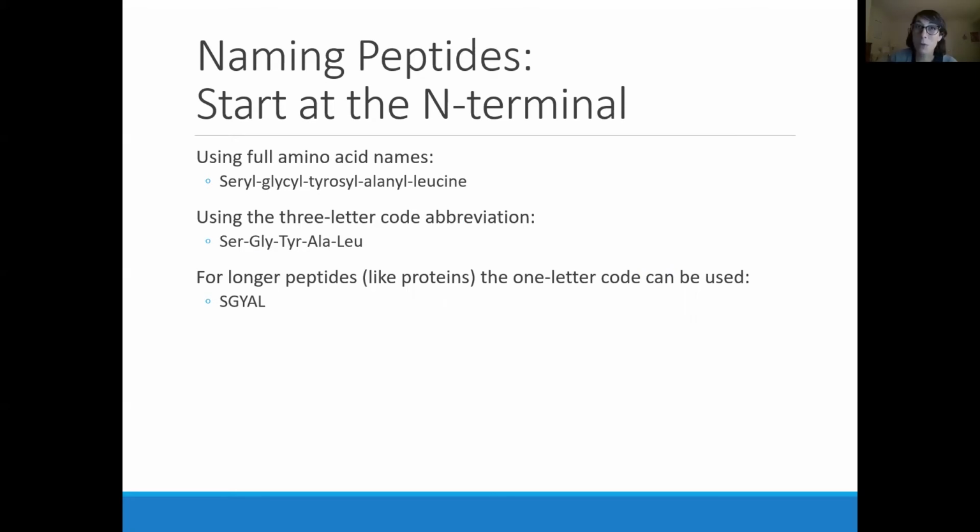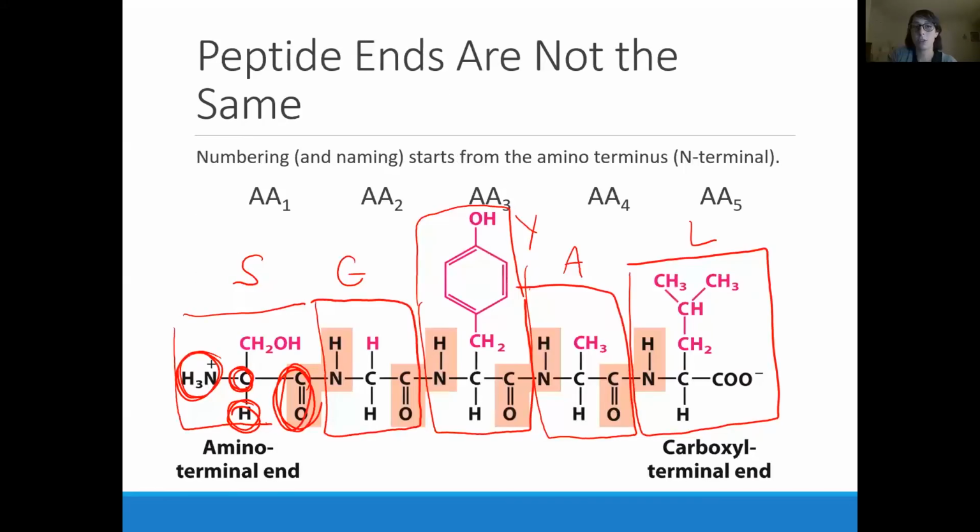And that's why we use the 1-letter codes and why I had you memorize them. Generally, when you have the whole amino acid structure of a protein, which can be very long, we write it in these terms of 1-letter codes. So here, the 1-letter code for this short peptide is SGYAL, just as I showed here.